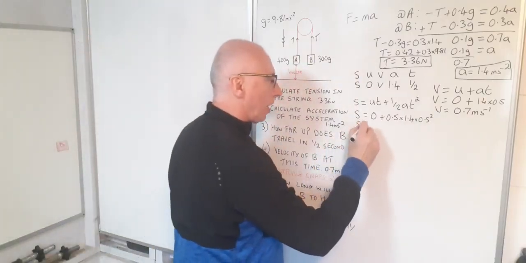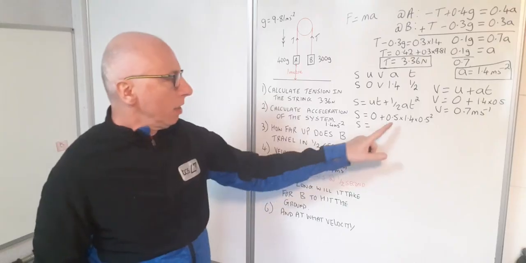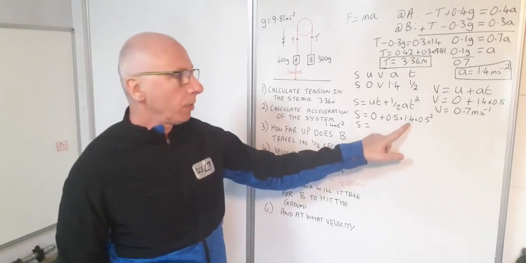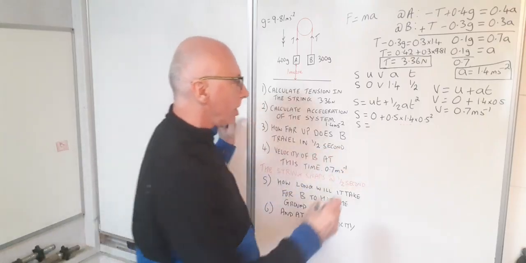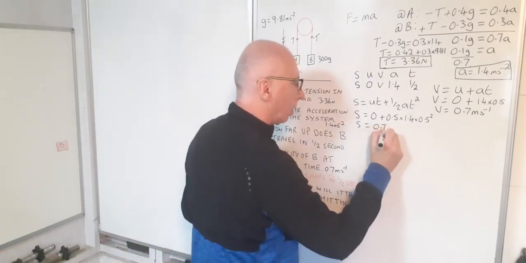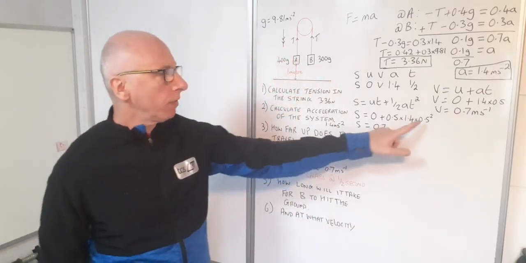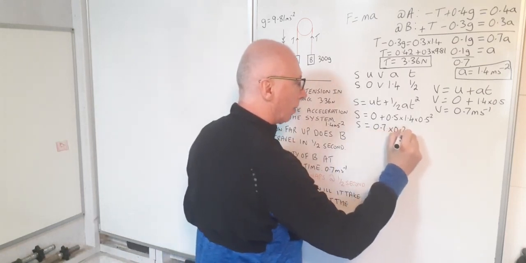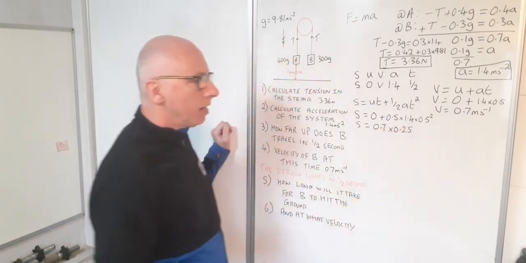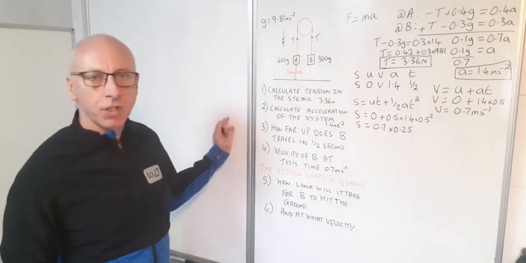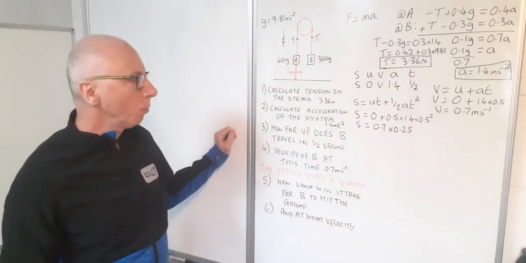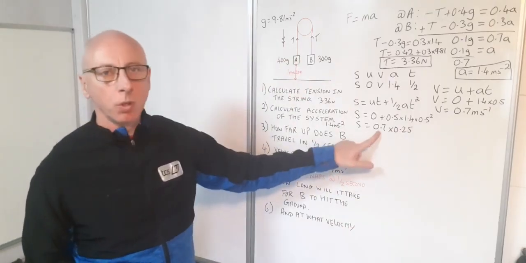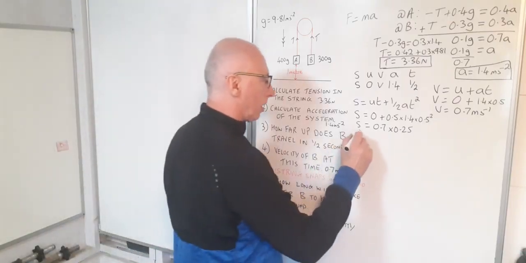Let's see if we can simplify this off a little bit. So 0.5 times 1.4 is 0.7. And then 0.5 squared is 0.25. Okay, so I need to find a quarter of 7, or a quarter of 7 is 1.75, but with the decimal 0.175.